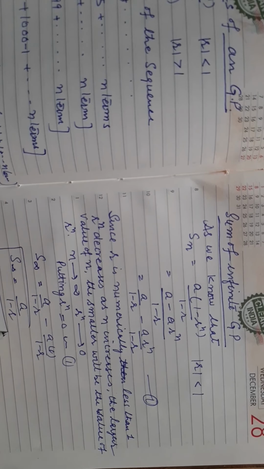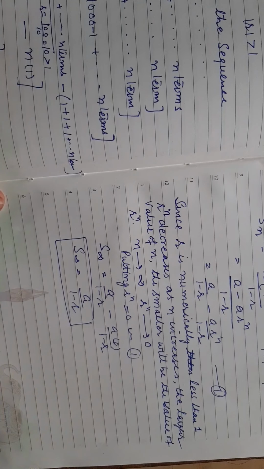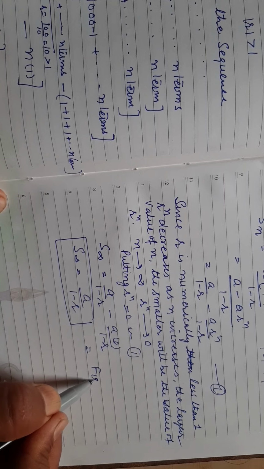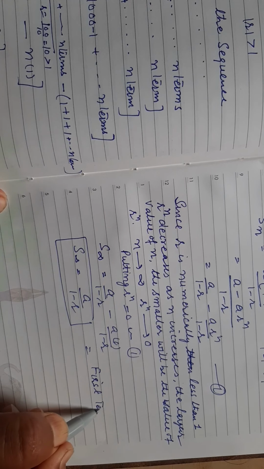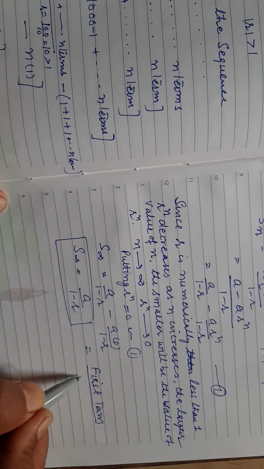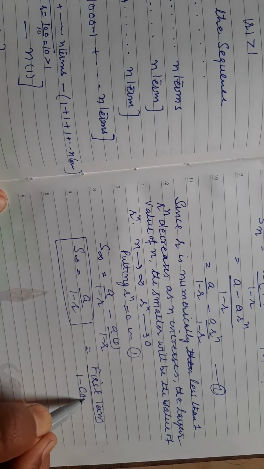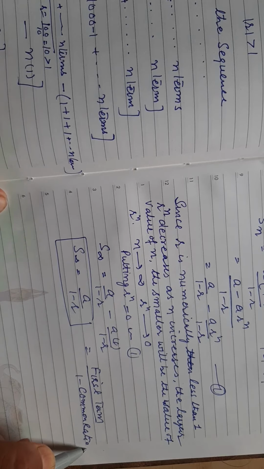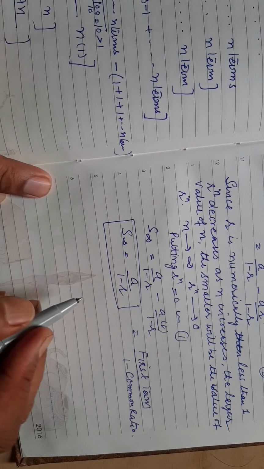We have done this article already, and here we can write it as first term divided by 1 minus common ratio. And we do one more question.